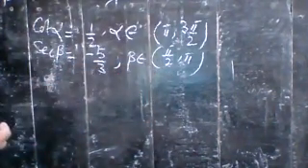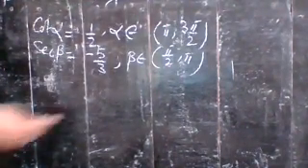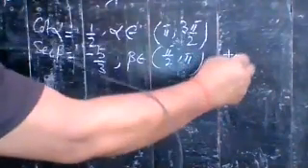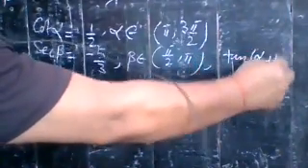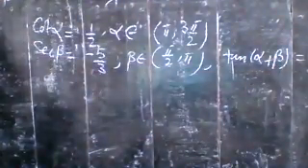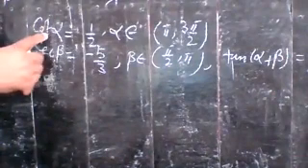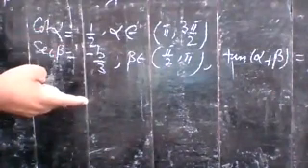Here you have to find the value of tan alpha plus beta. Cot alpha is given, so you find the value of tan alpha.